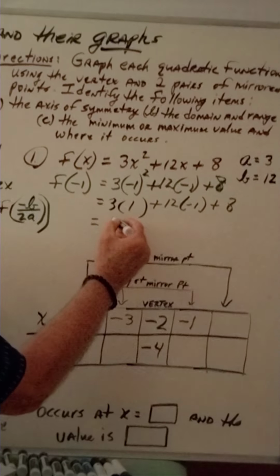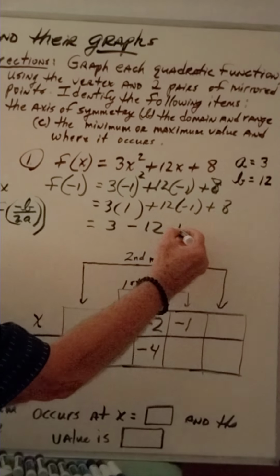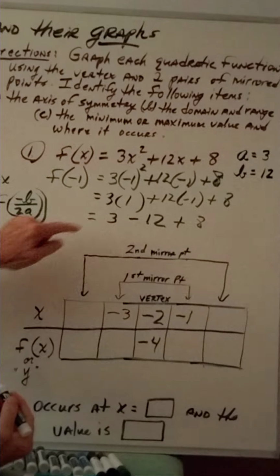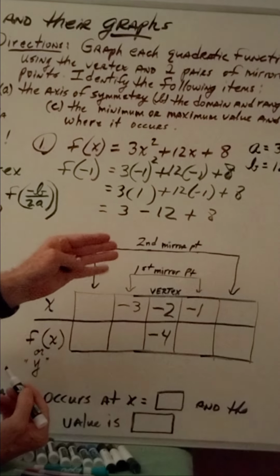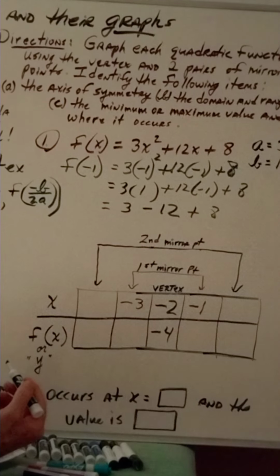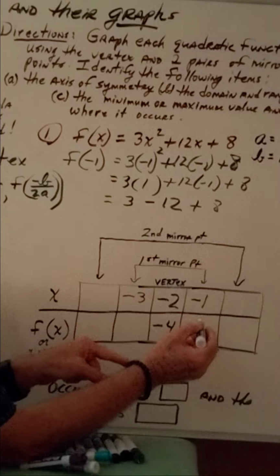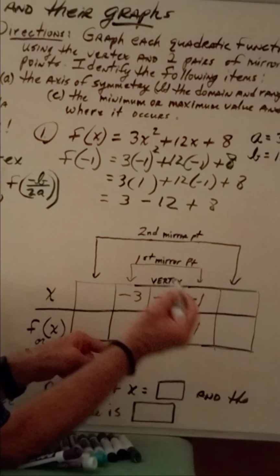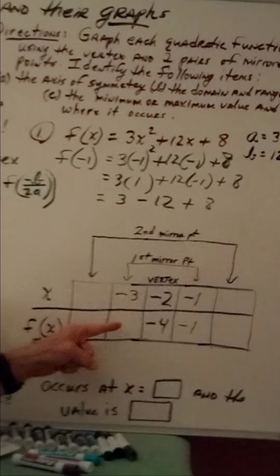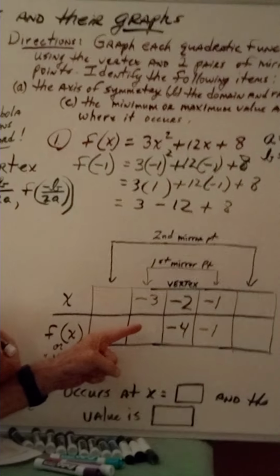Come down. 3, -12, positive 8. Positive 3 coupled with positive 8 is 11. And 11 combined with -12 is -1. That means this y value right down here is going to be -1. And over here, for its mirrored point, we don't have to evaluate any further.